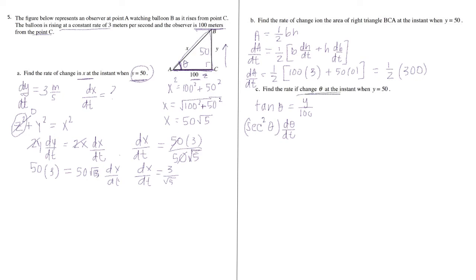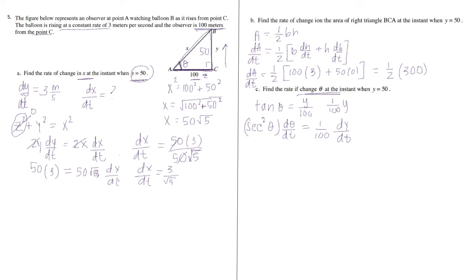And that's what we're going to be looking for now, the rate of change of theta, equals, and again, think about this as 1/100 y, so the derivative there is just going to be 1/100 dy/dt. And we know the rate of change of that side. That's what we were given at the beginning. So, well, we need to know secant of that angle. And secant's the reciprocal of cosine.